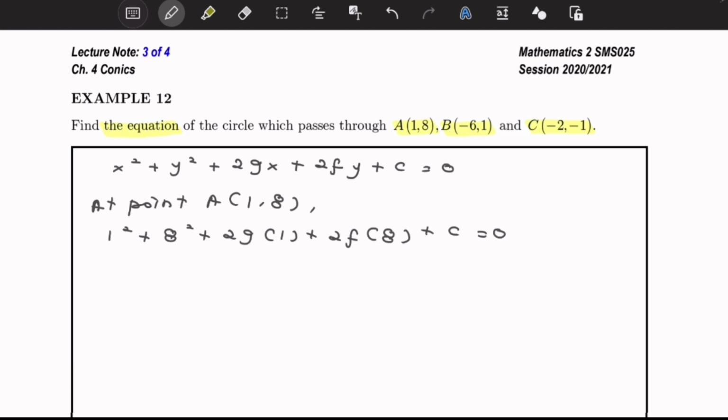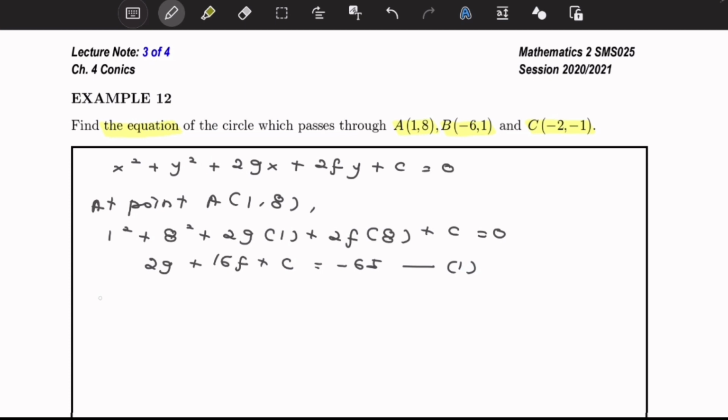So we will have 2g + 16f + c = -65. So this is our first equation.